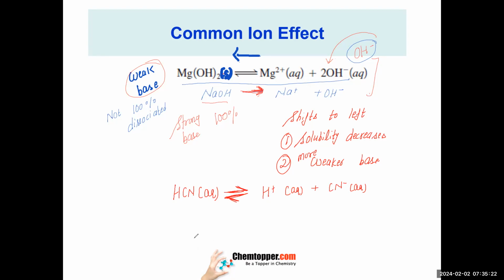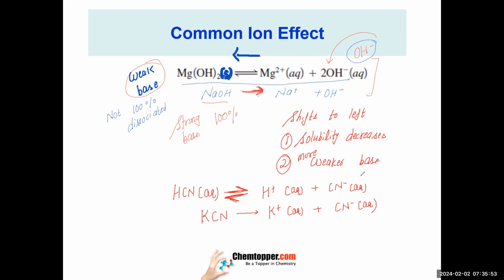Now I take a strong electrolyte, KCN, which is completely soluble. This is part of Unit 8 also, Afan, but I'm just doing the common ion effect, which is there in Unit 8 also. You're right. K+ aqueous plus CN- aqueous, right?